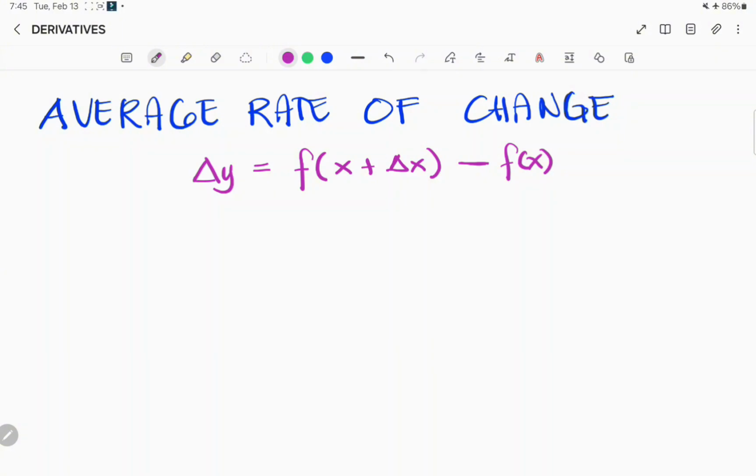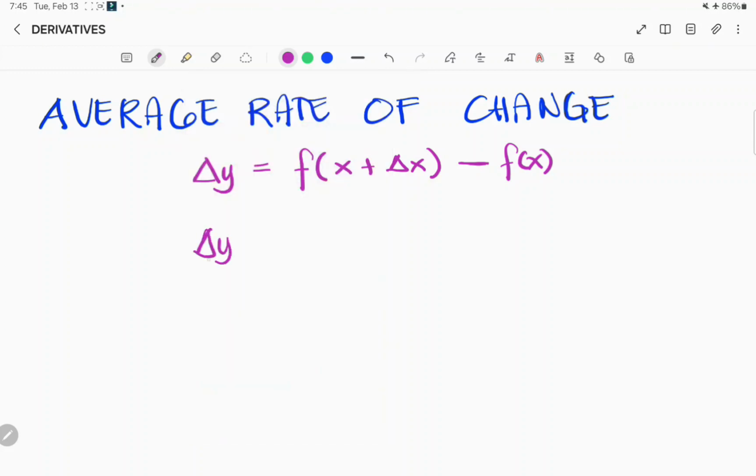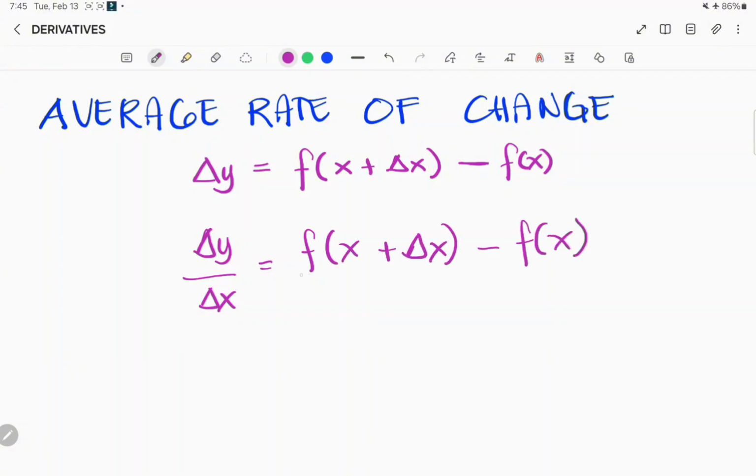Now let's talk about the average rate of change. If change of y is to be divided by change of x, then we will have an average rate of change, meaning average rate of change is expressed as change of y over change of x is equal to f of x plus change of x minus f of x over change of x.